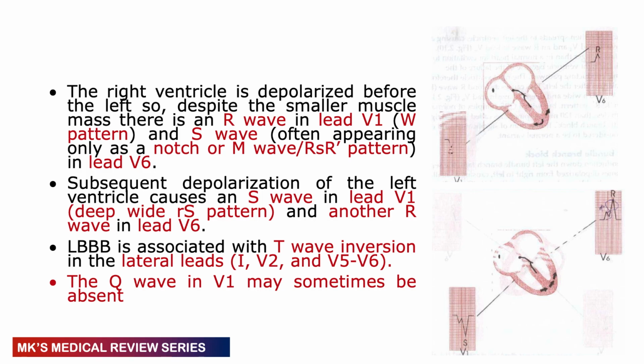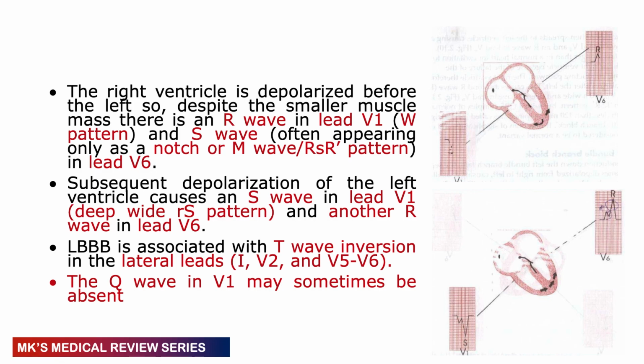So remember, we already had our small Q wave in lead V1 and an R wave in lead V6. Now, when the right ventricle depolarizes, you're going to get something very characteristic. After your Q wave has formed and there's some depolarization of the right ventricle, you're going to have another wave forming on lead V1.